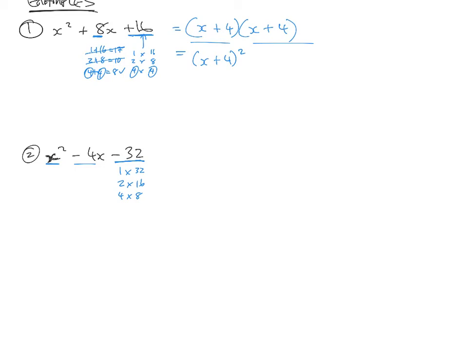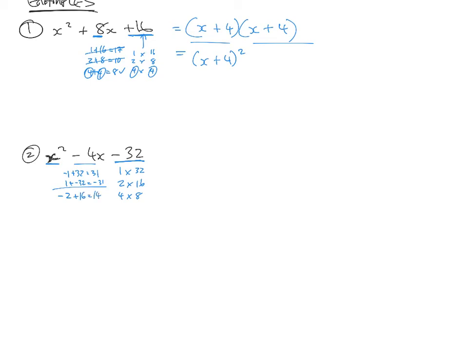Is there any way I could get negative 4 by involving 1 and 32? If I get negative 1 plus 32, you'll get 31. If I got 1 plus negative 32, you would get negative 31, so no good. What if I did negative 2 plus 16? That would be 14.